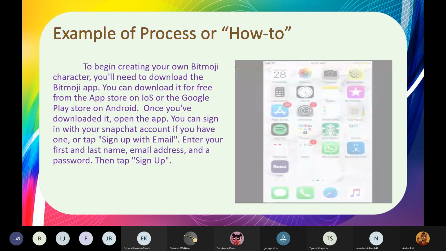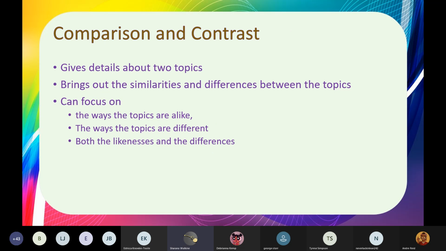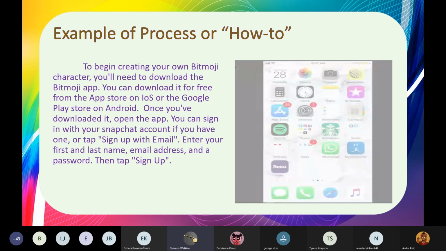Okay. So very simple. Now we move on to comparison and contrast. Now we know what these two terms mean. What does it mean to compare two things, guys? What does comparison mean?